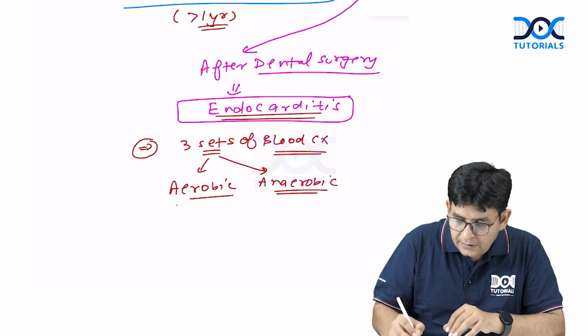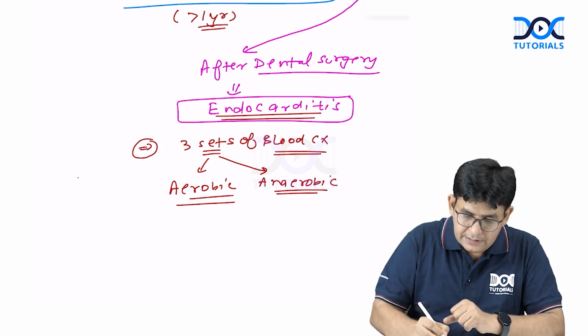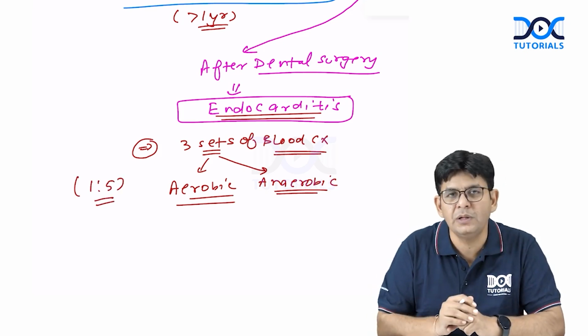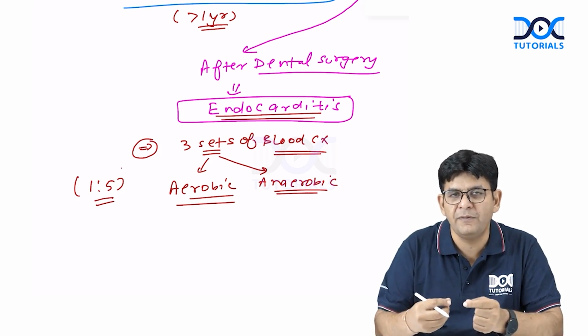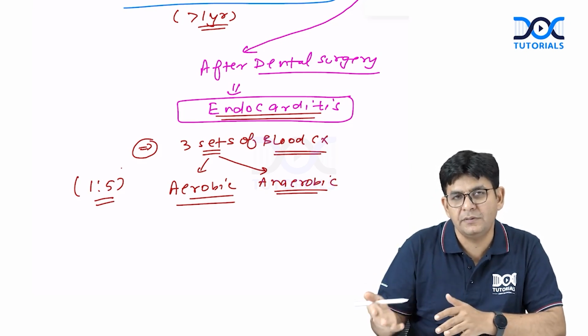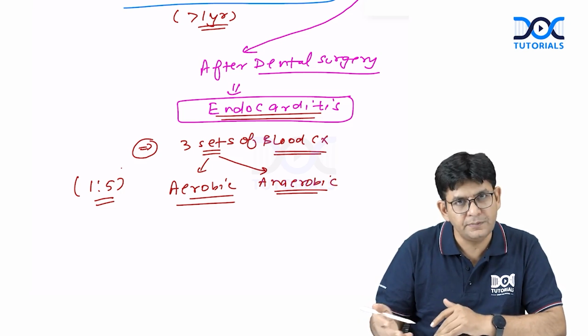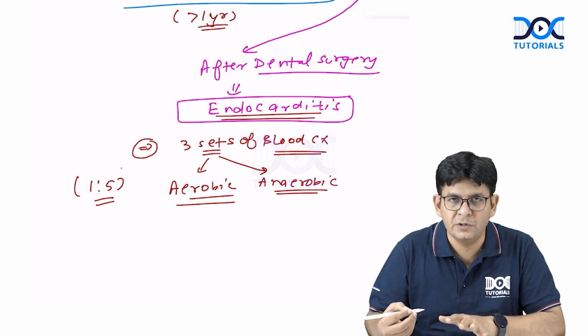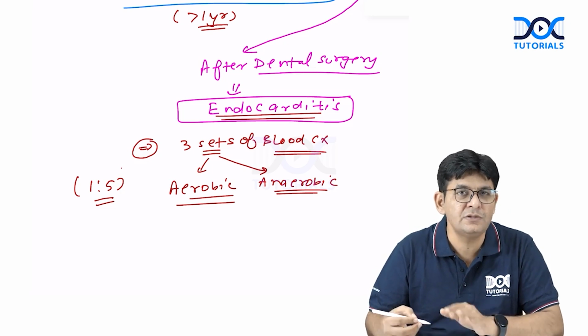Mostly nowadays, the ratio is 1:5. If you have 5 ml of blood, you put it in 5 times that, 25 ml, of culture broth, and the same for the anaerobic bottle also. Before it was 1:10, but now it is 1:5.